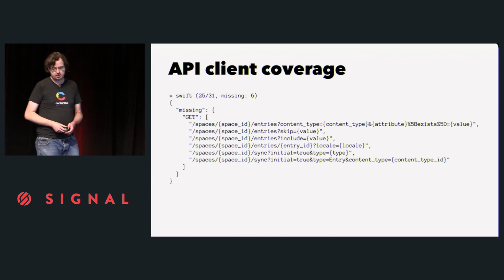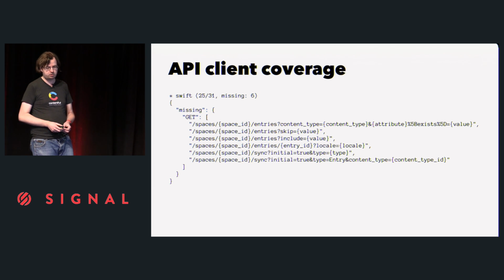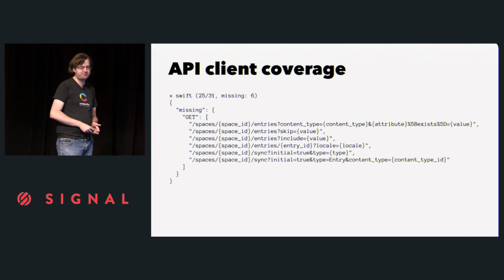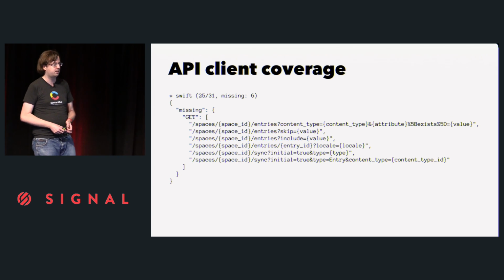What we additionally do at Contentful, we have a thing we call the API coverage tool. So what this does is, for our different API clients, we run the test suite and we check the endpoints the test suite has called against the blueprint to see if all the calls which are documented are actually also tested.